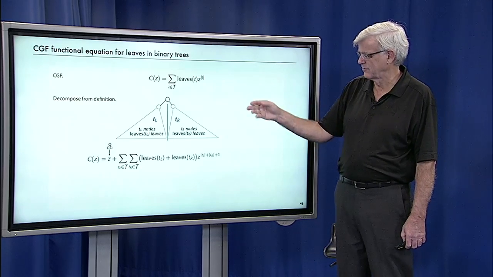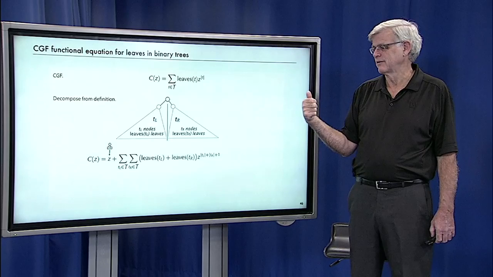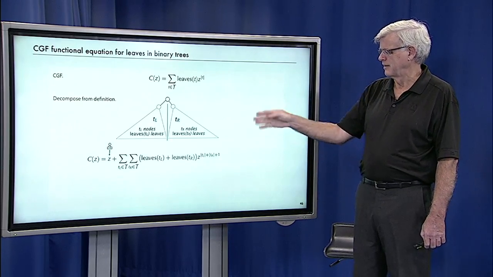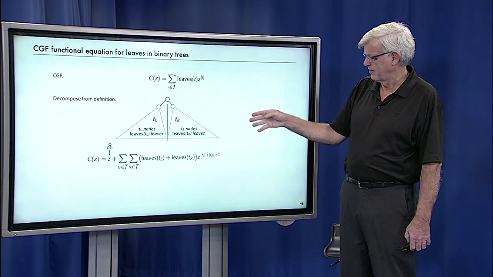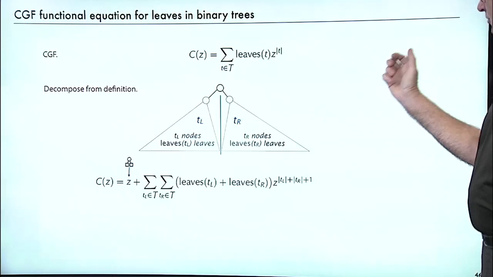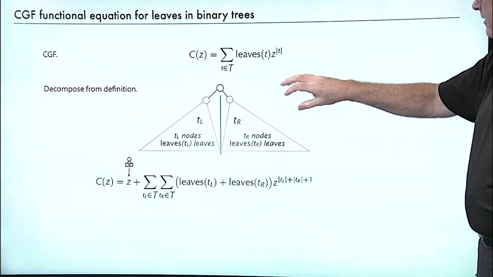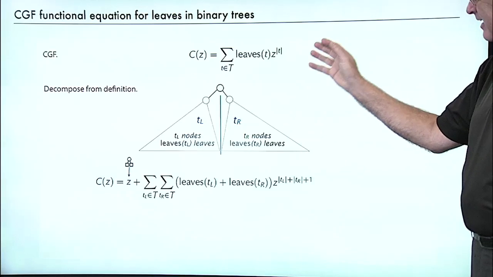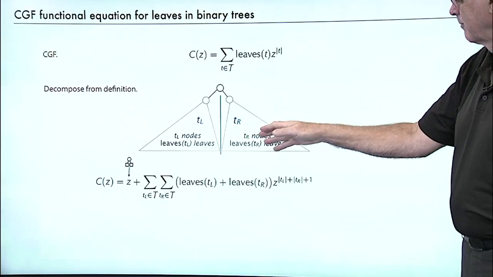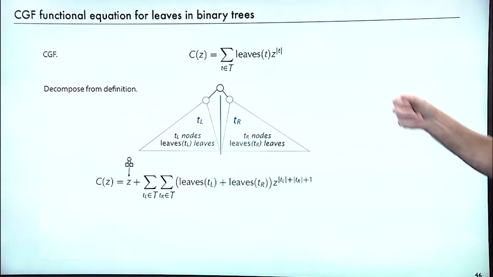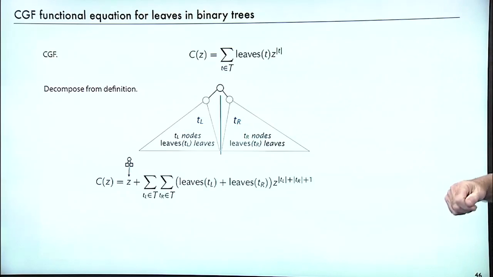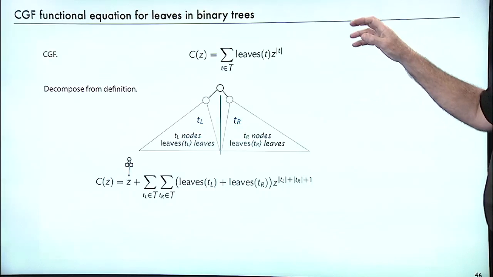So there's the tree that is just a leaf. That accounts for the Z term. And then for all the other trees, there's a left and a right. So that's T_L nodes on the left, T_R nodes on the right. However many leaves there are in the tree is the total number of leaves on the left plus the total number of leaves on the right. A leaf, if it's got more than one node in it, can't cross between the two trees.